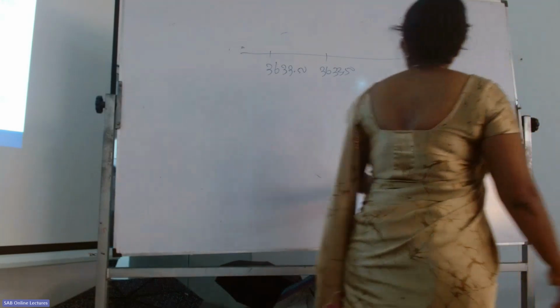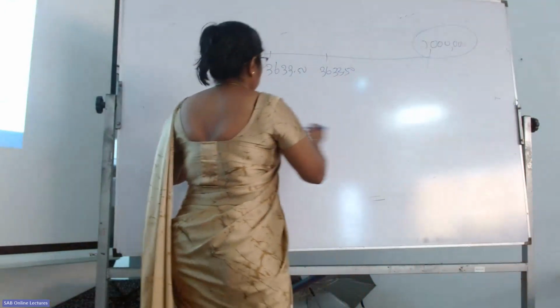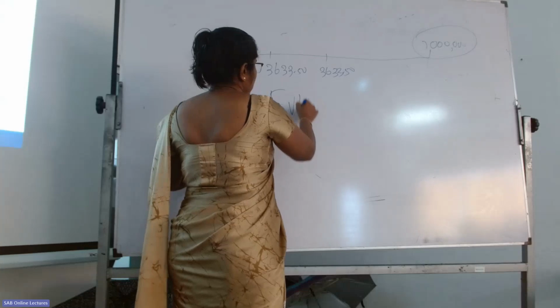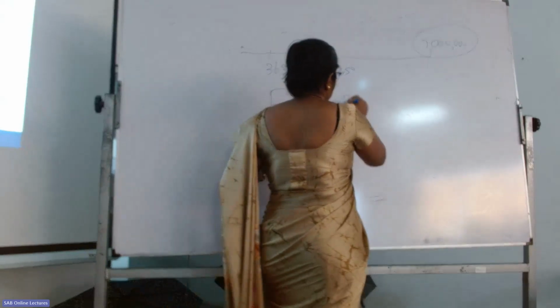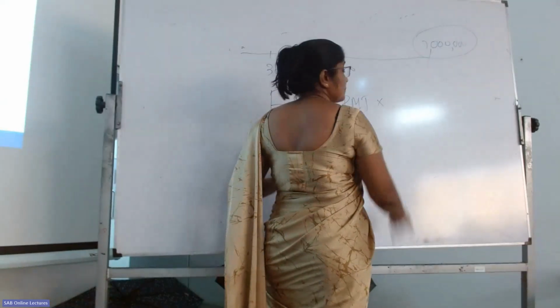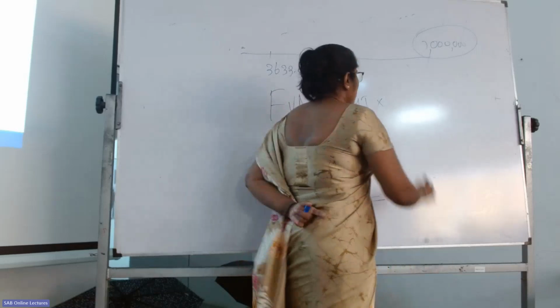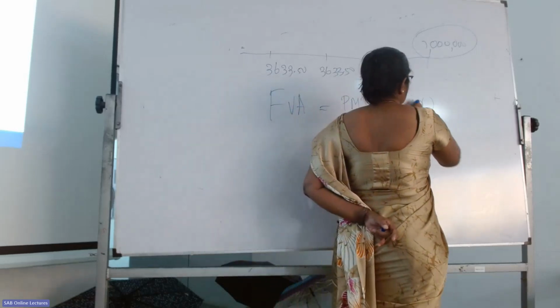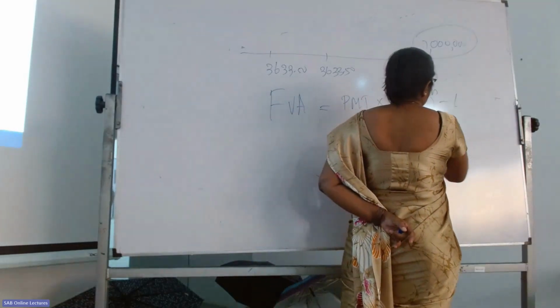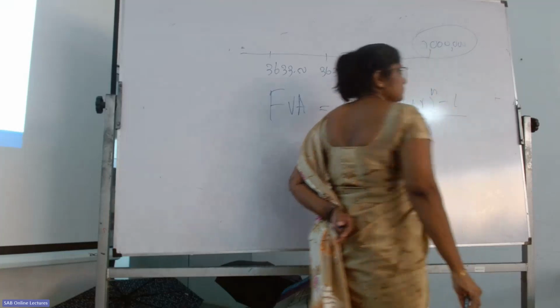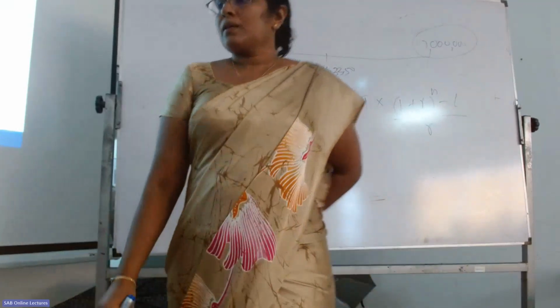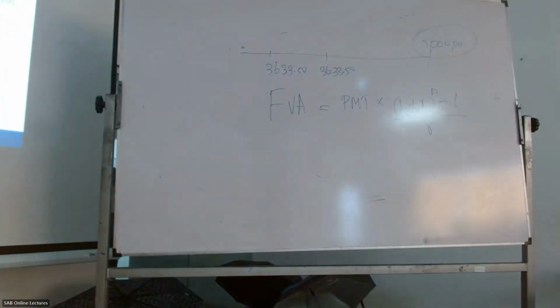Earlier it was the present value of annuity, so you can remember it. Future value of annuity equals periodic payment times ((1 plus r) to the power n minus 1) divided by r. So you can apply this, where r here is 0.0125.